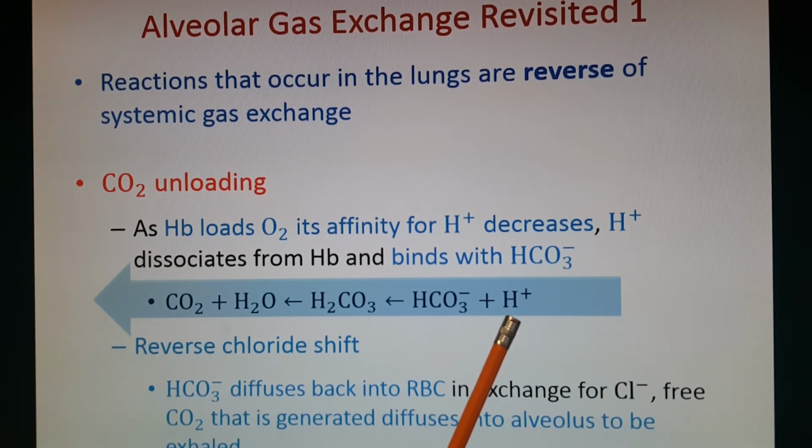When the oxygen binds to the hemoglobin, it also releases its affinity for hydrogen. So these two molecules will then combine together again to form your carbonic acid. Then your carbonic acid separates into your water molecule and your carbon dioxide. So that carbon dioxide can then be released out of the cell and into the alveoli to be breathed out or exhaled.